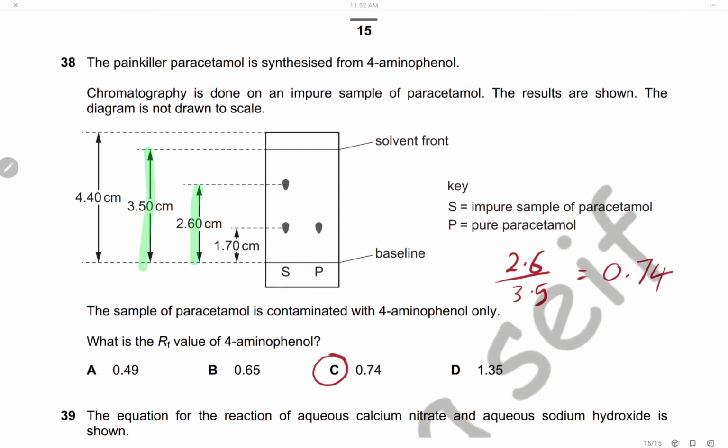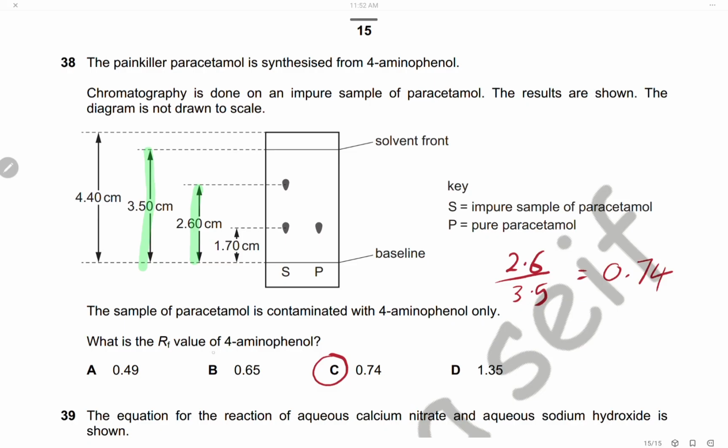Question 38. The painkiller paracetamol is synthesized from 4-aminophenol. Chromatography is done on an impure sample of paracetamol. The results are shown. Here we have the solvent front and the baseline, where S is the impure sample of paracetamol and P is the pure paracetamol. The sample of paracetamol is contaminated with 4-aminophenol only.